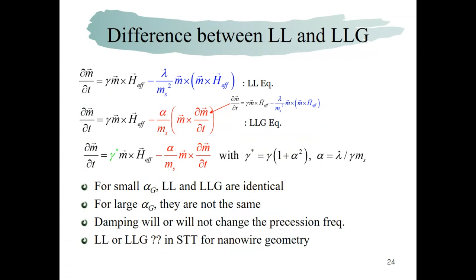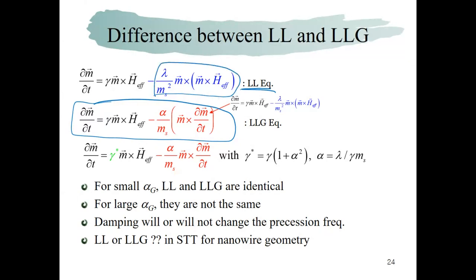So, actually, we are talking about the LLG equations, but there is another equation called the LL equation. In the LL equation, we have a slightly different form of the damping, the energy dissipation term. But this M cross H effective will generate a very similar result to this term.